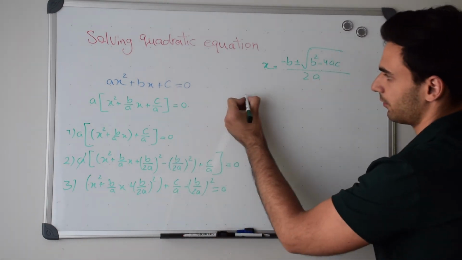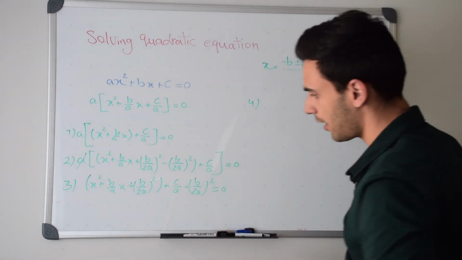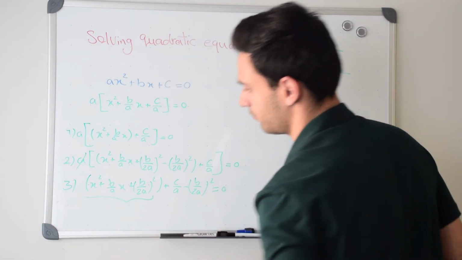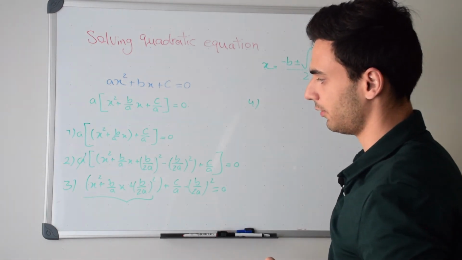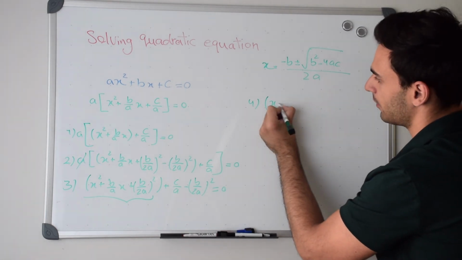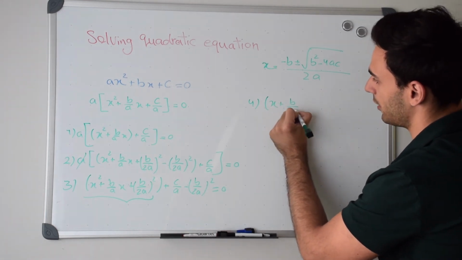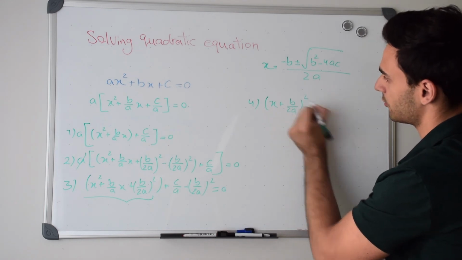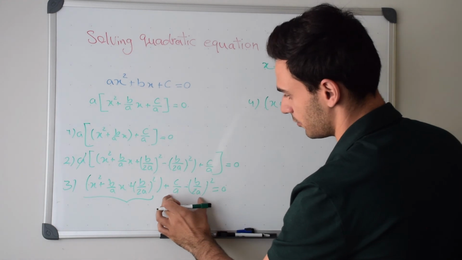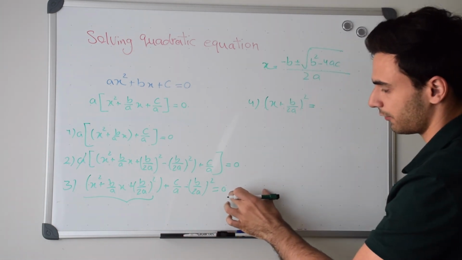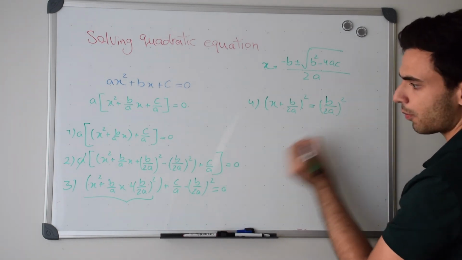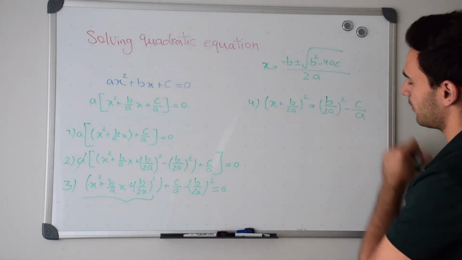Then, step 4. Now, this is a complete square, right? So I can write it as x plus b over 2a, squared, equal to, I'm going to take these two terms to the other side of the equation, b over 2a squared minus c over a.